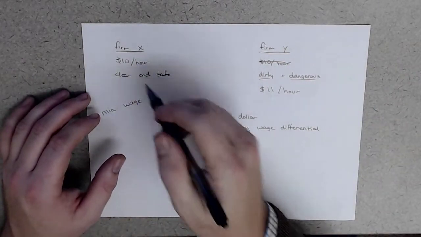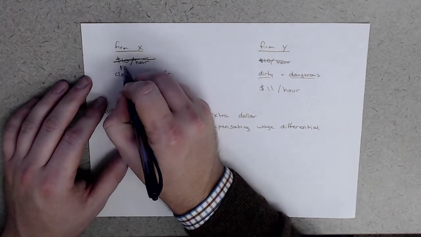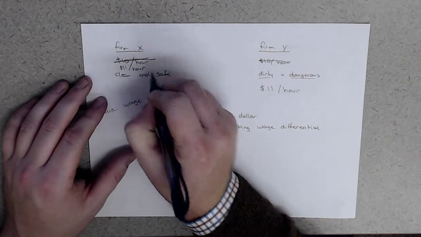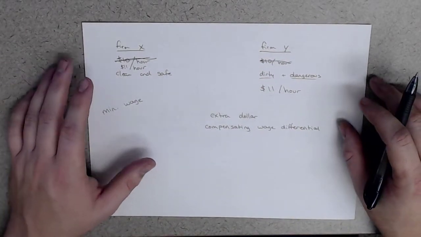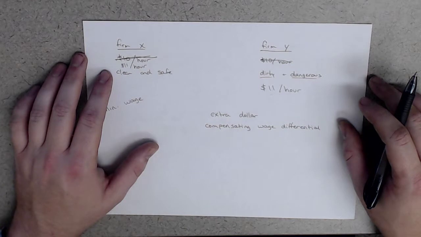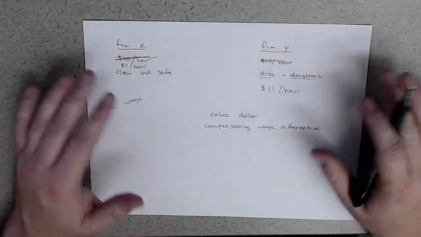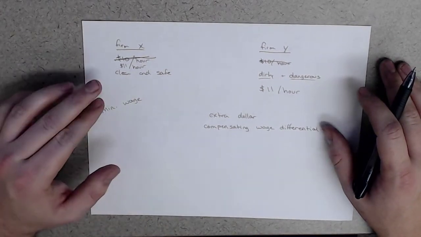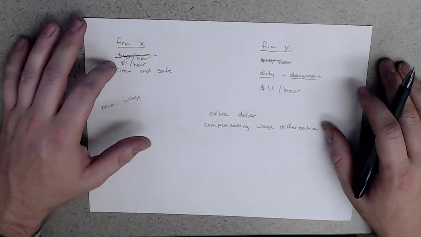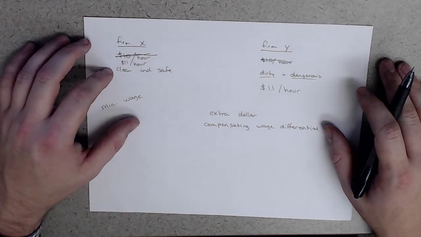Well, now firm X has to pay $11 per hour, right? And firm Y is still paying $11 per hour. What do you think X is going to do, right? So X can't offer a lower price in exchange for a cleaner workplace, right? That can't happen anymore. Okay? They can't basically make the trade between dollars, between income for the workers and cleanliness and safety, right?